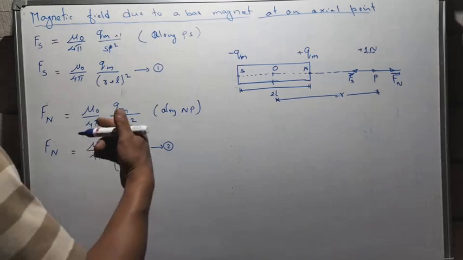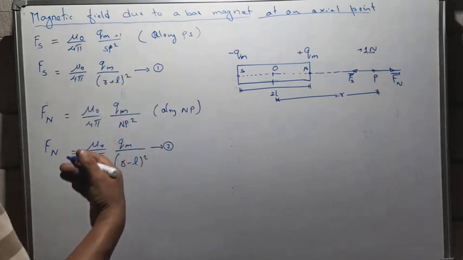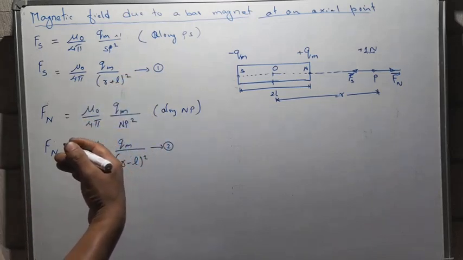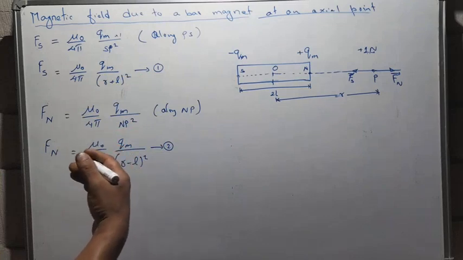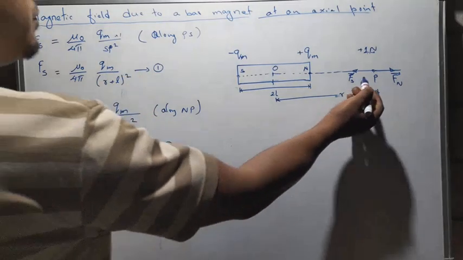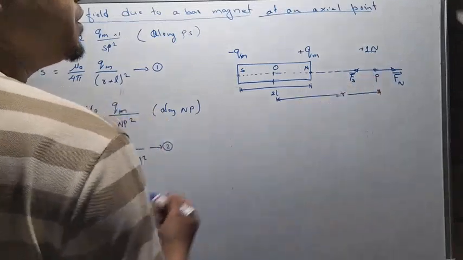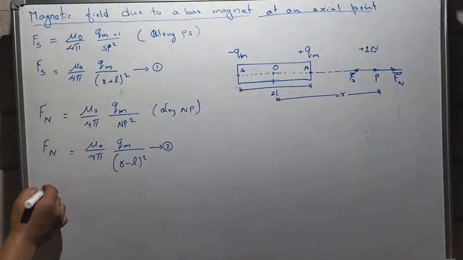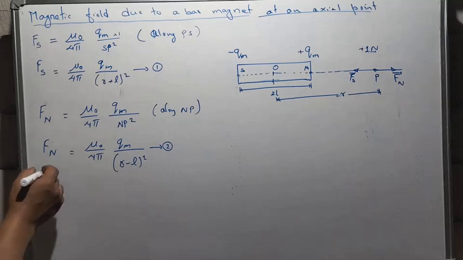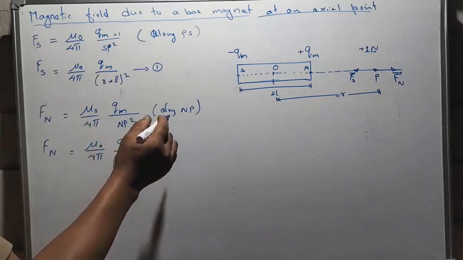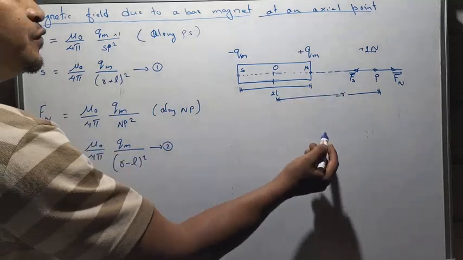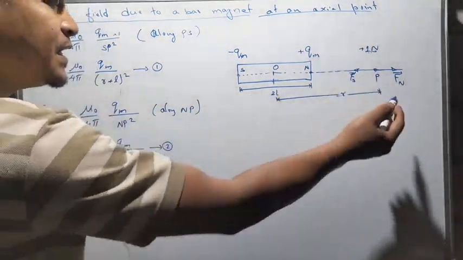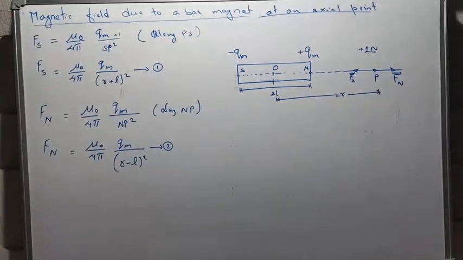After you have obtained the magnetic force due to the south pole and north pole, what will be the net force acting at this point P? The net force acting at point P will be the algebraic sum of the two forces Fn and Fs.